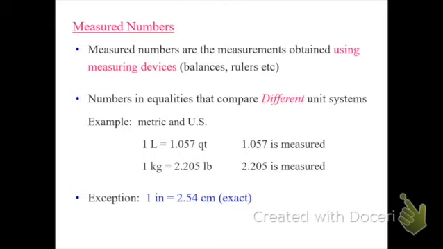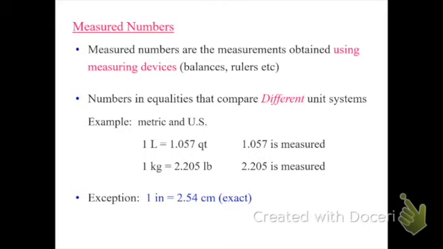Now, the numbers that are equalities in different unit systems, you see these numbers are very similar to the exact numbers, but the difference is that these are in different unit systems. So even when you have equality in different unit systems, it's still considered a measured number. So there is one exception you have to remember.